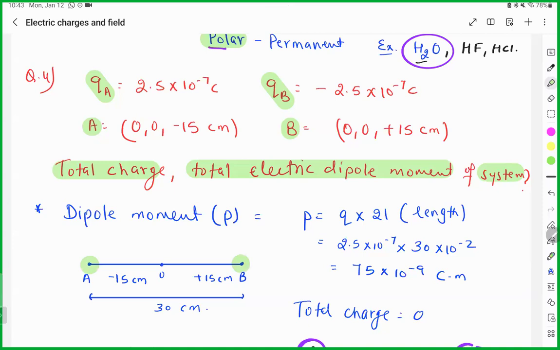Understood? What will be the dipole moment? Distance between them: here it is minus 15, here plus 15. Total distance between A and B will be 30 centimeter. If it is 30 centimeter, then you can calculate the value.